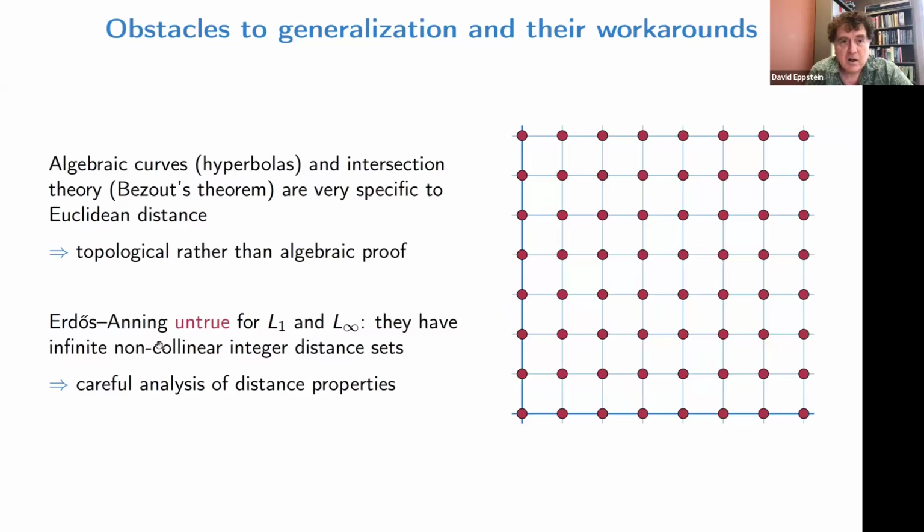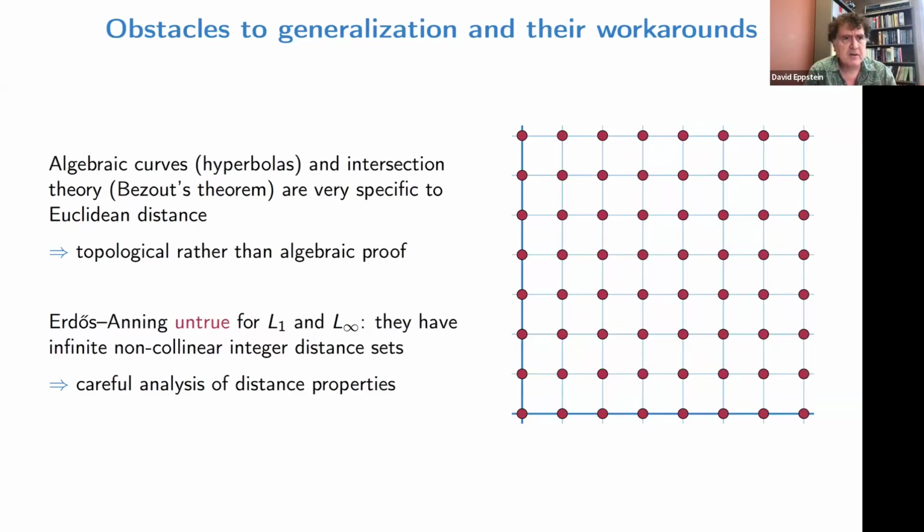And so if I want to try to generalize this Erdős Anning theorem to other metrics, I need to be able to distinguish these metrics for which the theorem is just not true from the other metrics that I'm trying to prove it for.